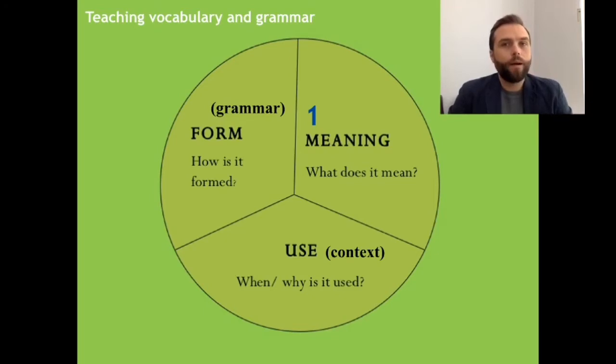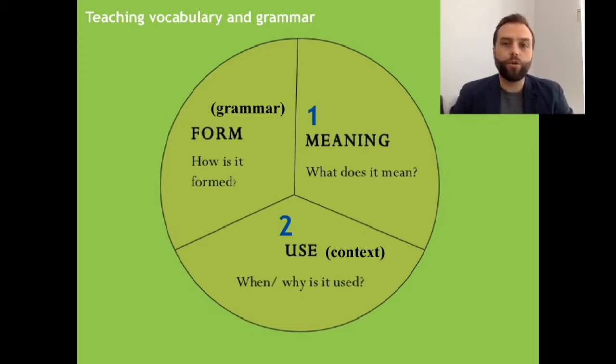Okay, and I think that different situations might call for different kind of approaches or techniques to teaching grammar, but this concept is from Diane Larsen-Freeman, so let's go according to her suggestion, which is that use should be second. Okay, so according to Larsen-Freeman, use should be the second part of your focus.